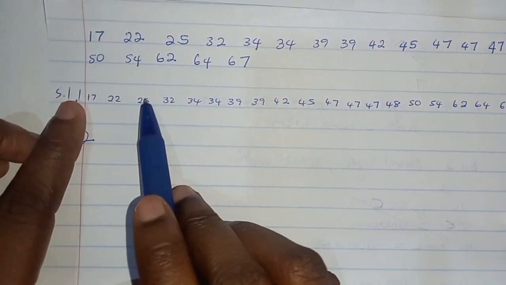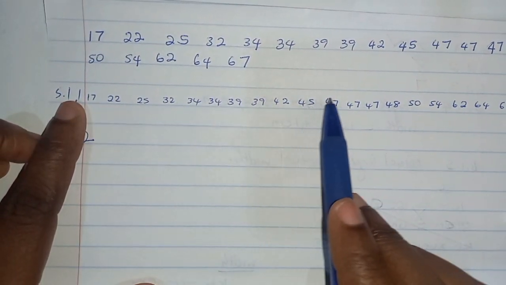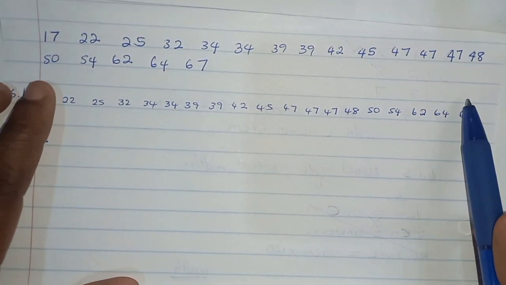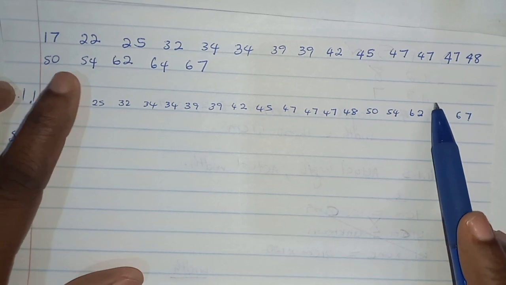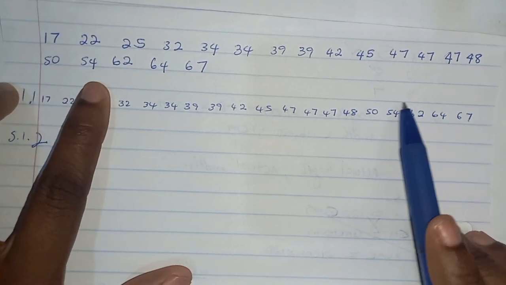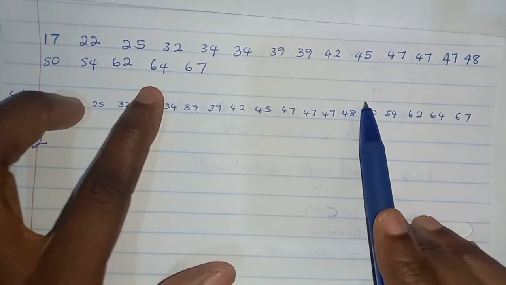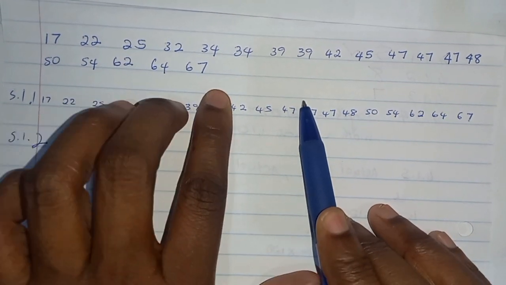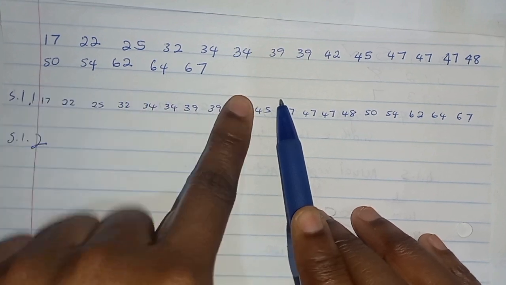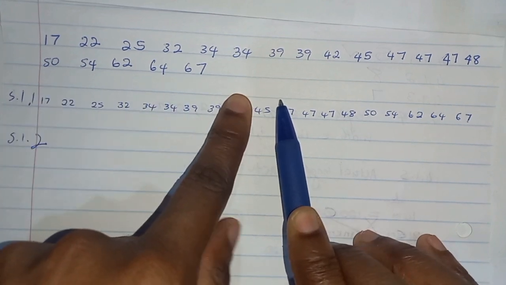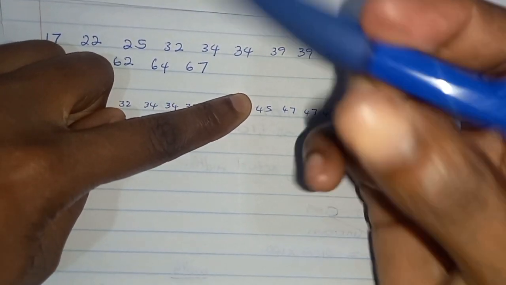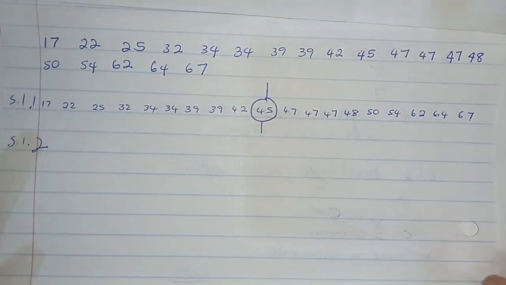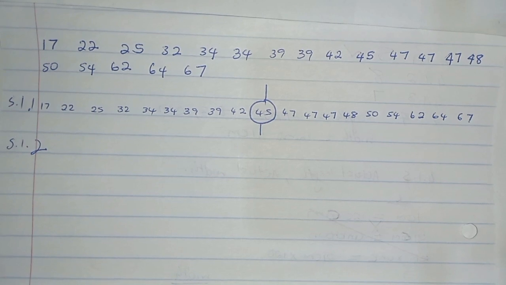We have 19 numbers. So if I count 1, 2, 3, 4, 5, 6, 7, 8, 9, the number in the middle is 45. So that's the number in the middle here. It's 45.